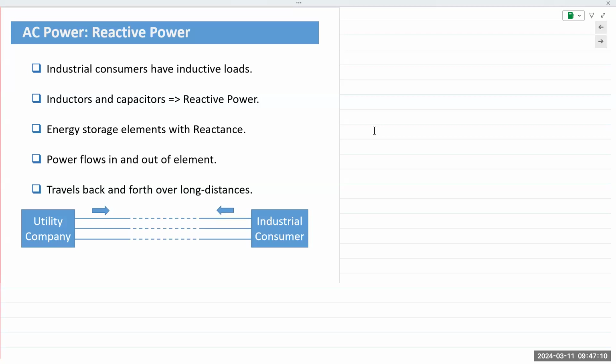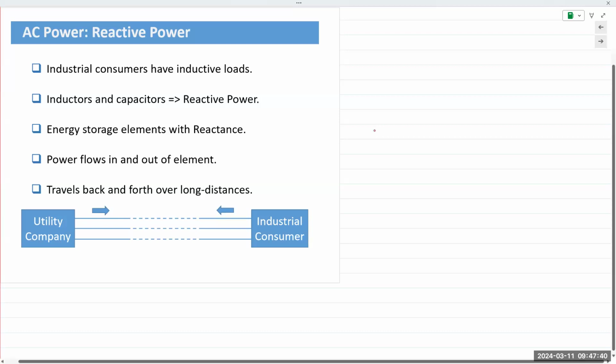So if this reactive power is transmitted over long distances, what is happening? The utility company sends the power into the inductor in one half cycle, and in the other half cycle, the power flows all the way back to the utility company, to the source. So the power is traveling over long distances from the utility to the industrial consumer, which has inductive load, and the consumer transmits it back.